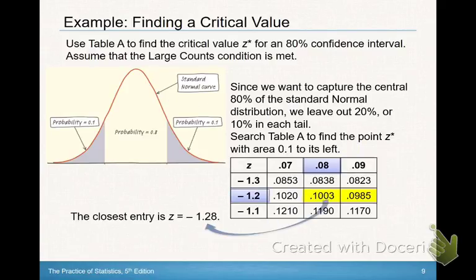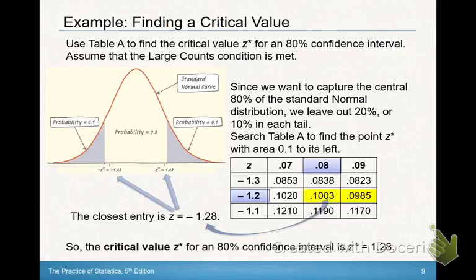So the closest entry is z equals negative 1.28, which means that our z star, our critical value for an 80% confidence interval, is 1.28.